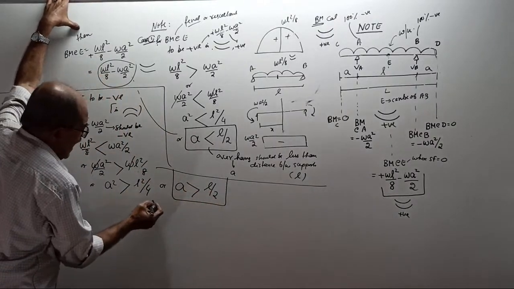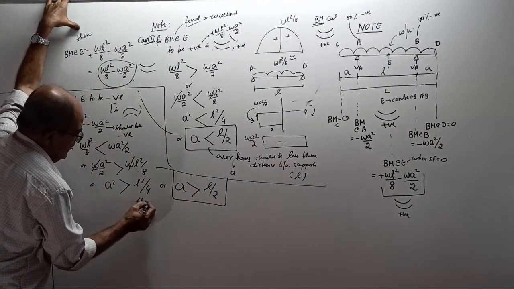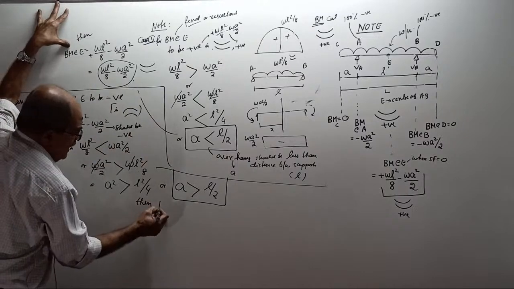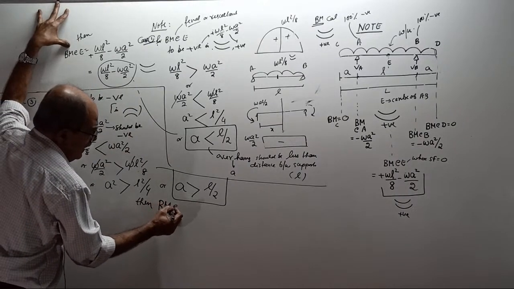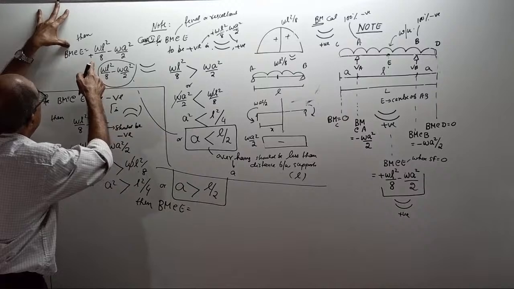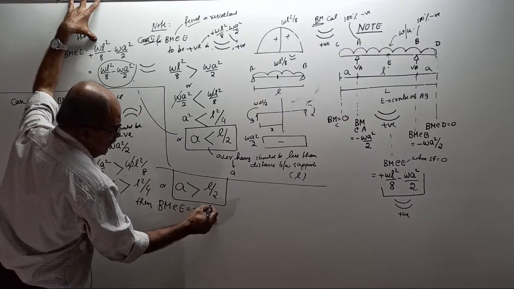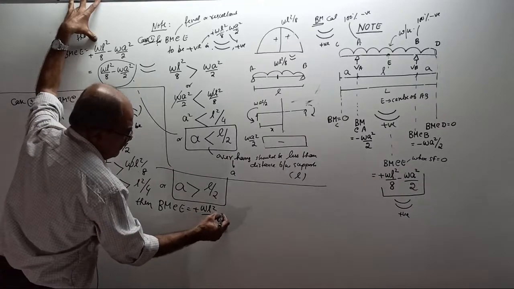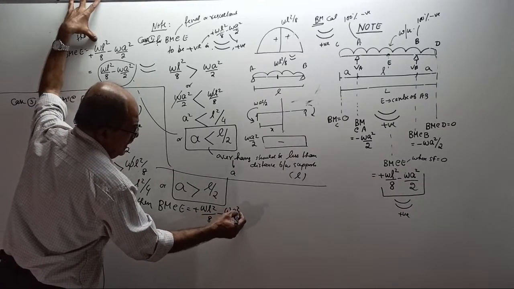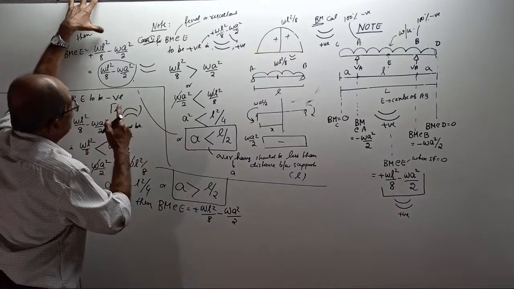Now, same way I want. Then bending moment at E will be, the formula is plus WL square by 8 minus WA square by 2. That is the bending moment.